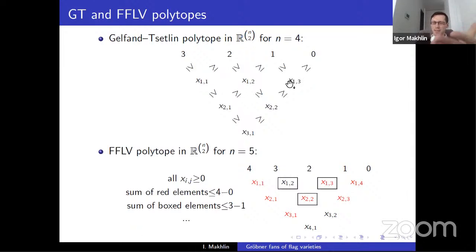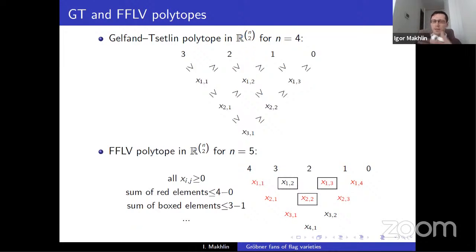Because they satisfy a finite set of linear inequalities, they form a convex polytope in this real space, and this is known as the Gelfand-Zetlin polytope. Of course, we can change the numbers in the top row, but this will not affect the toric variety. They will all have the same normal fan. They will all be strongly combinatorially equivalent.